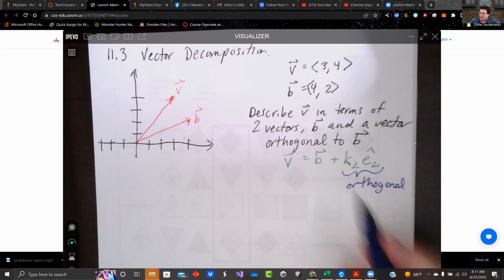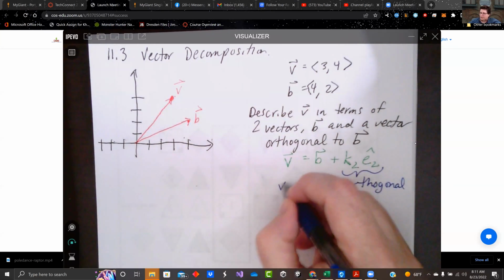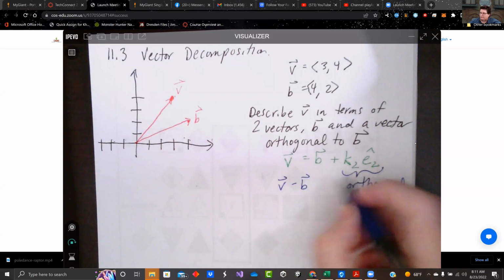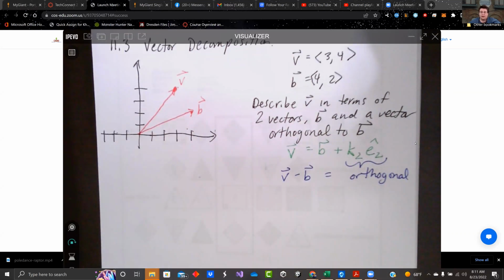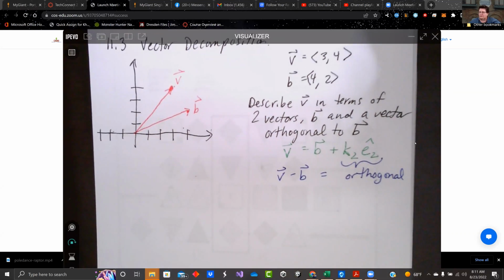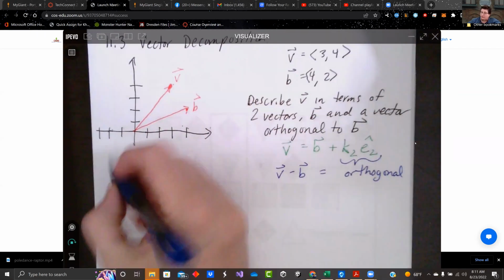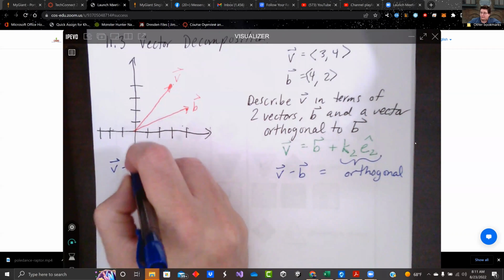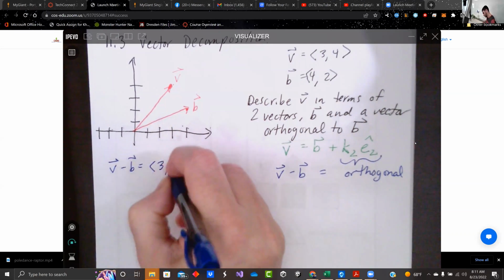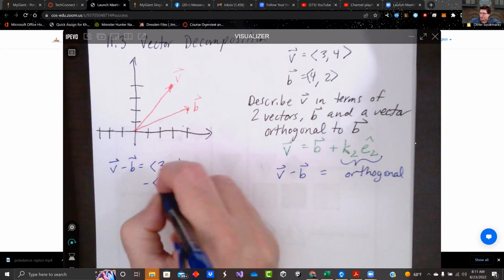So that orthogonal vector equals V minus B if I just subtract B over. Now, I didn't really do that until the end of the video. Why don't we just do that now? What is V minus B? 3, 4 minus 4, 2.